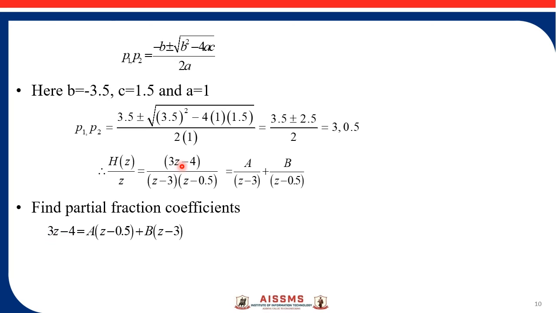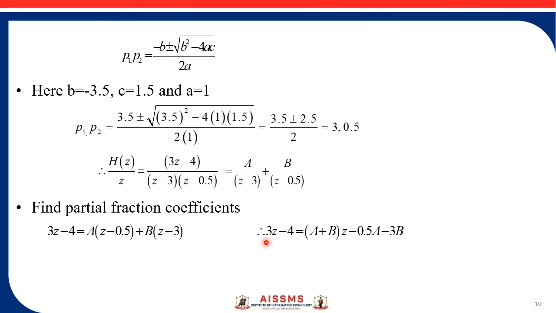So 3z minus 4 is equal to A into z minus 0.5 plus B into z minus 3. Now let us expand this equation. So 3z minus 4 is equal to, combining the coefficients of z, A plus B into z, and combining the constants, minus 0.5A minus 3B.